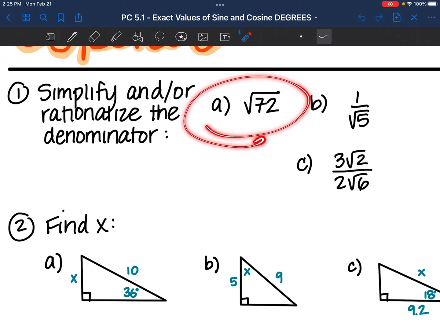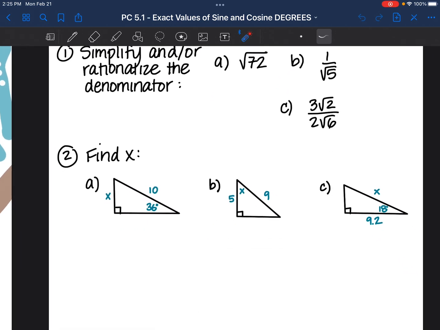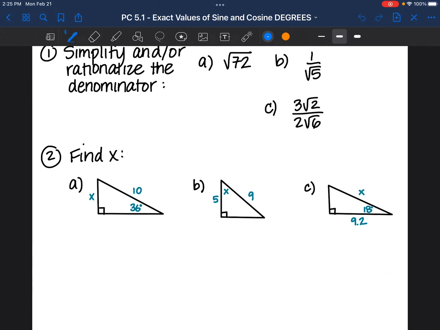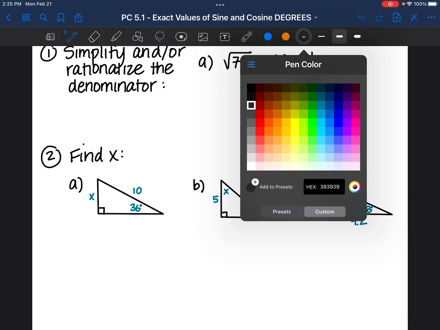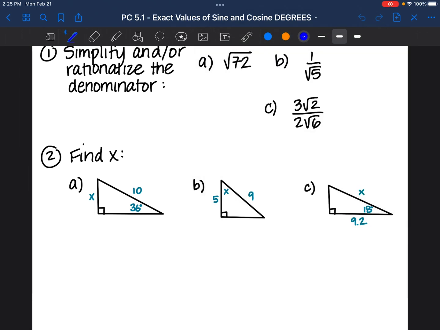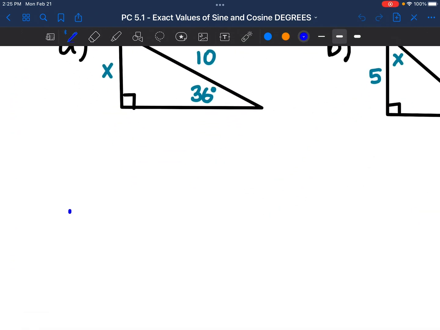First of all, simplifying radicals in A. There are two different ways to do that. I'm going to work down below, depending on how you learned from your teacher. I don't care how you simplify radicals. And 72 is kind of a hard one, so let me work with something easier like square root of 40. One method is to fully break it down into prime factorization.